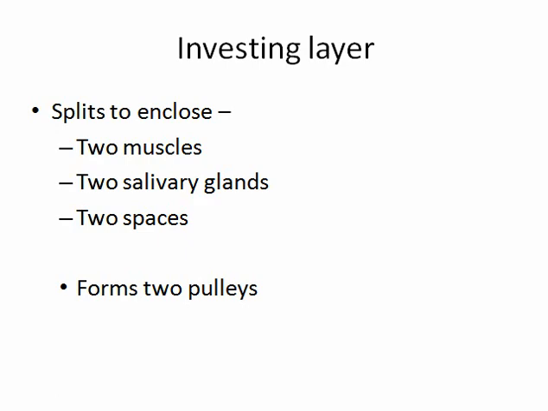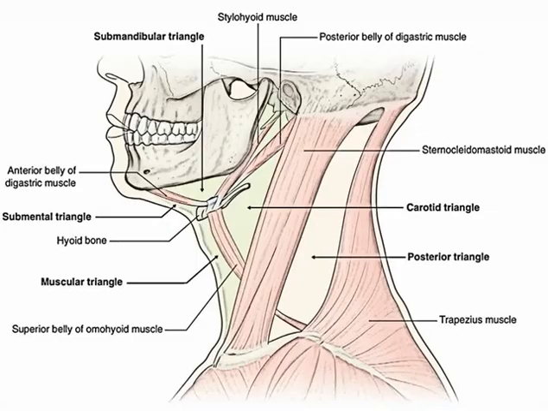As seen in this figure, it is very obvious that it splits to enclose this muscle, the sternocleidomastoid, and the other muscle is trapezius.